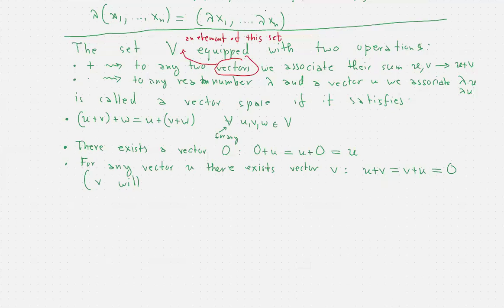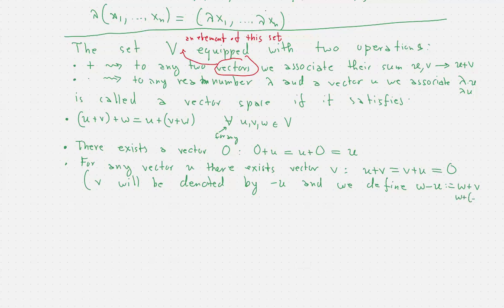Again, the reason we can give it some notation is because it can be proven to be unique. And we define subtraction. So if, let's say, you have a vector w and you want to subtract u, that's the same thing as adding this vector v. Or you could say we add the opposite of the vector.